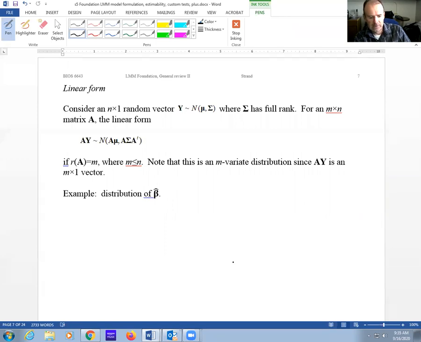But again, since you can pick different generalized inverses, the solution's not unique. You may have seen when you run PROC GLM that you'll get a note at the bottom saying, be careful, the solution here is not unique.